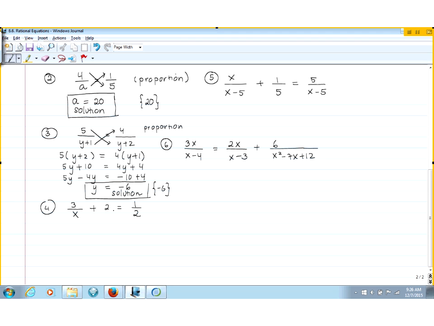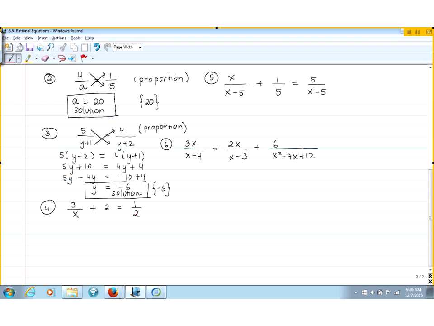Next, number 4. Is this a proportion? No. Why not? Well, I have 2 terms here. This is not a ratio. A proportion has to be a ratio equal to another ratio, and this is not. Now, this is easier. We do not have to carry the LCD. However, we will multiply both sides by the LCD.